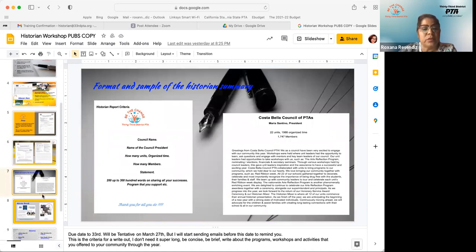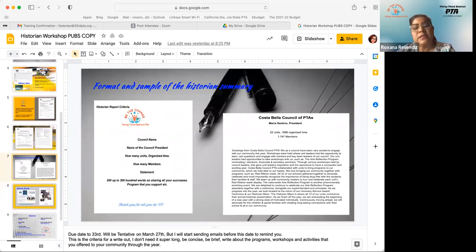This is a format and sample of the historian summary. It was sent with the package, and it has everything that you have to report: the council name, the name of the council president, how many units, the time that it was organized, how many members you have, and then your statement.